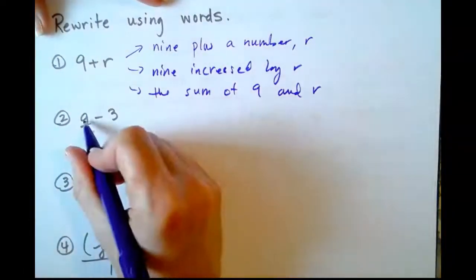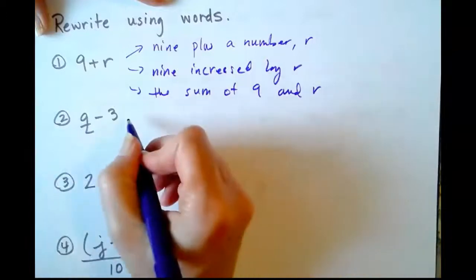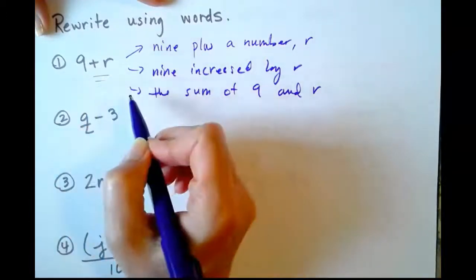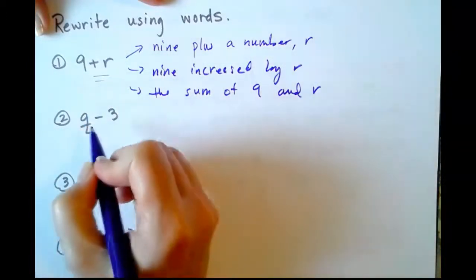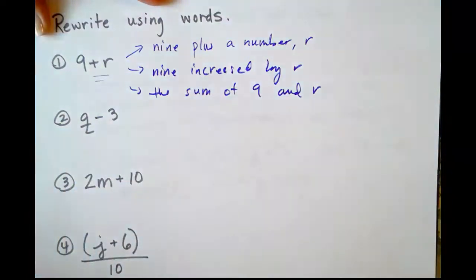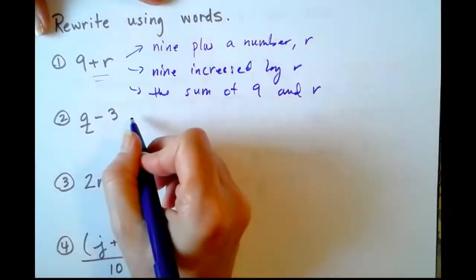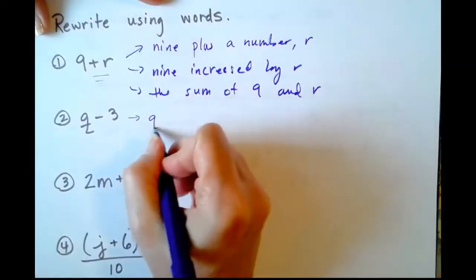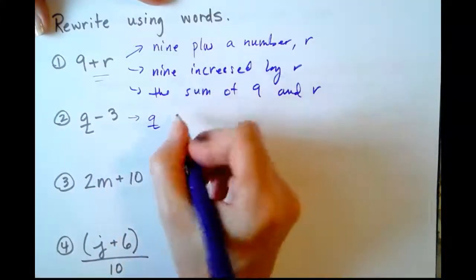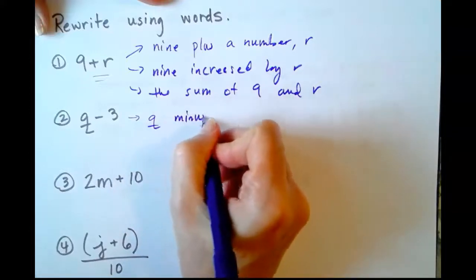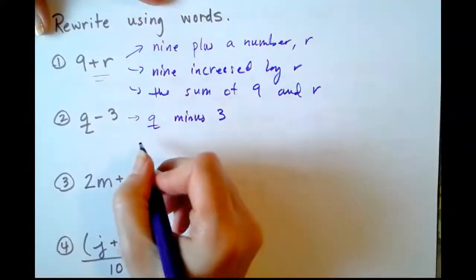Okay, q minus 3. So when we're doing addition, order not so much important. But when we're doing subtraction, order is very, very important. So here we've got q minus 3. That's a very obvious one.